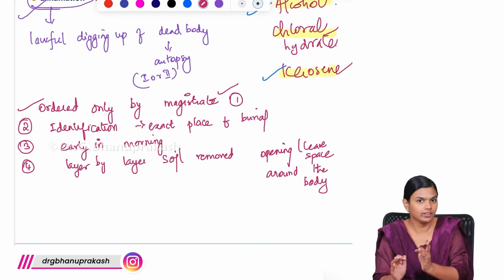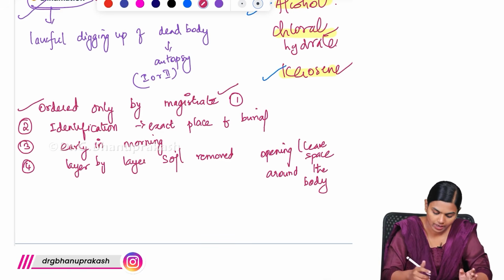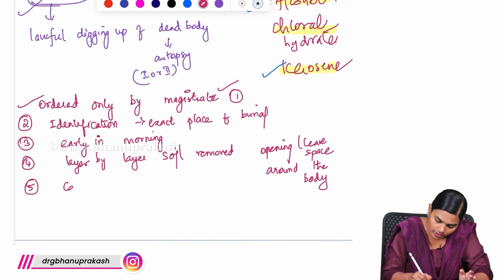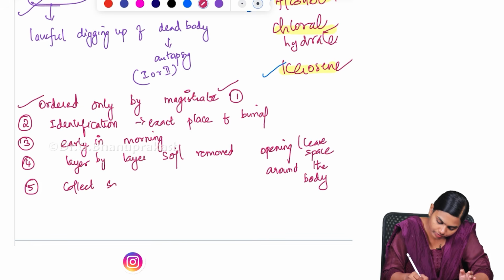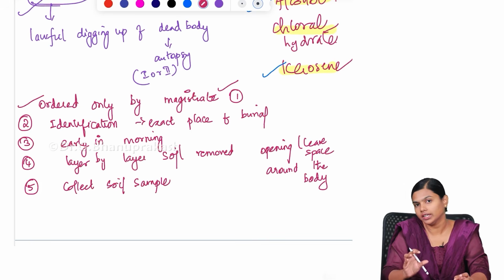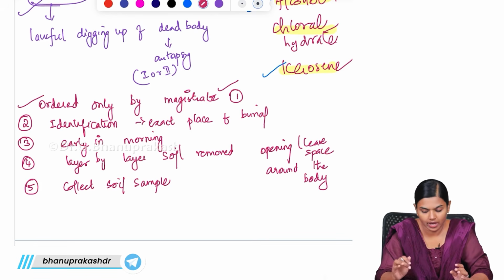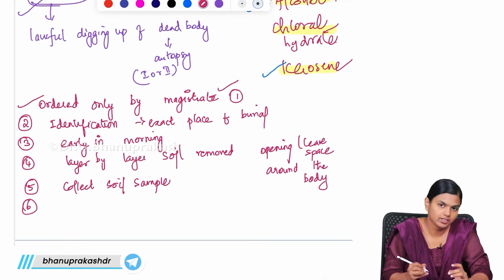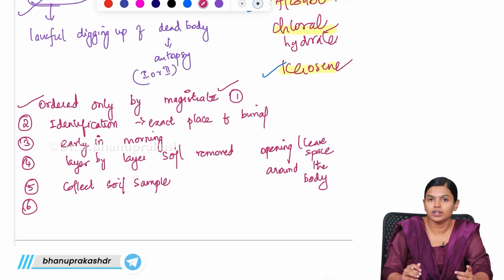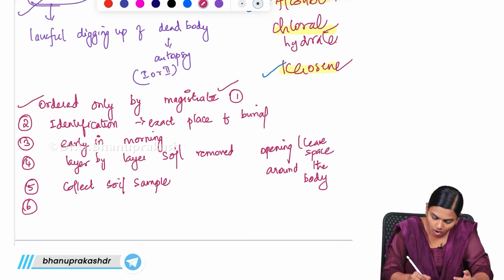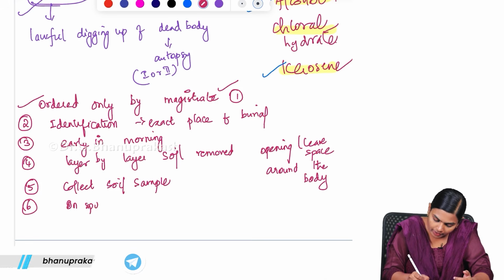And after lifting the body, they will collect a soil sample from that burial place. If the body is very much disintegrated, in a very decomposed state, then on-spot autopsy will be conducted.